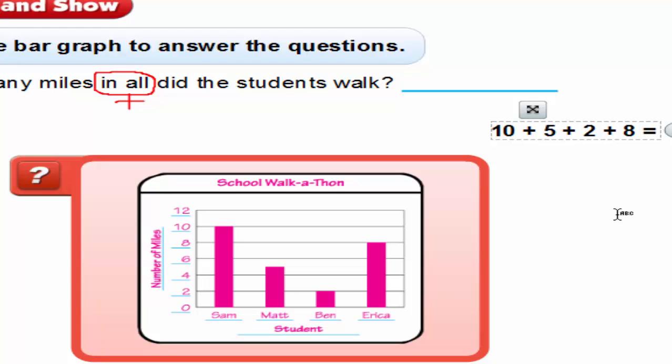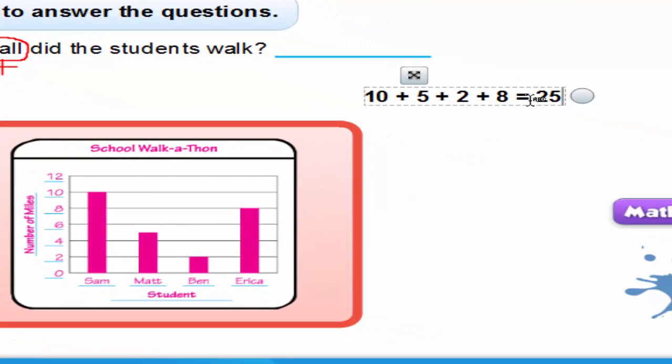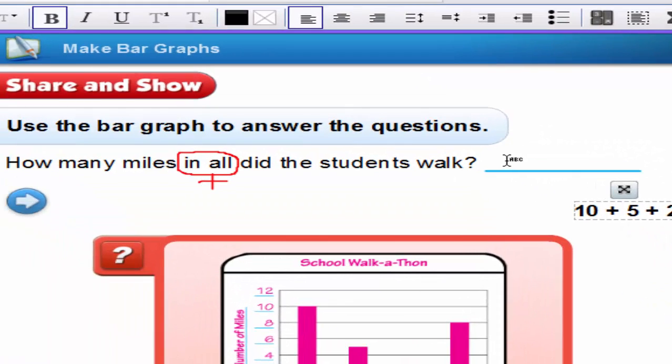I'm going to add the 8 and the 2 together because that makes a 10. I see I already have a 10, so that's 10 plus 10 is 20. 20 plus 5 equals, everybody, 25. Good job. So, how many miles in all did the students walk? 25. Good job.